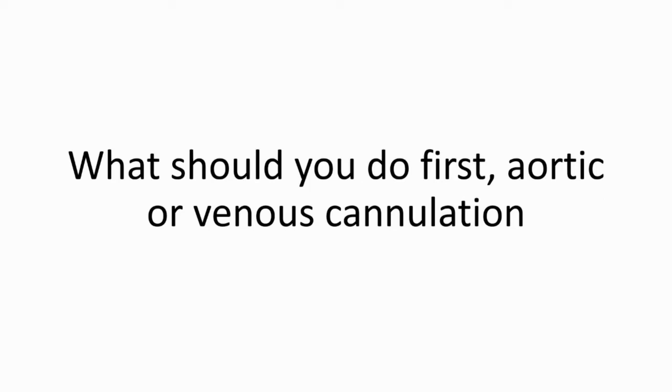Whereas if you put the arterial cannula in first, if you have issues with the arterial cannula, then you're in trouble anyway. However, assuming a safe arterial cannulation, you can get out of trouble if you have difficulties with the venous cannulation, and that often can be the case. The atrial tissue is quite fragile.